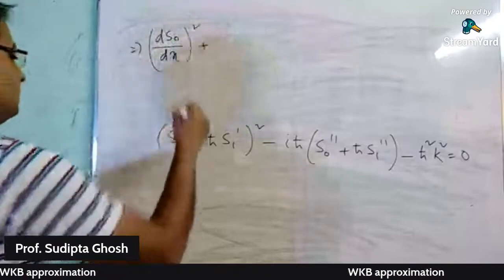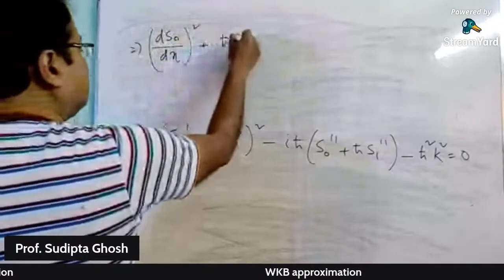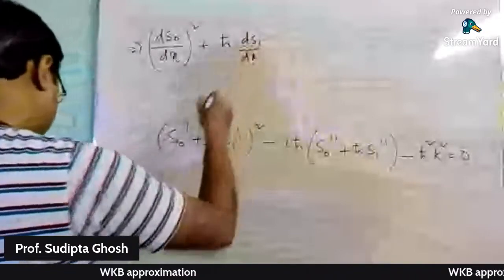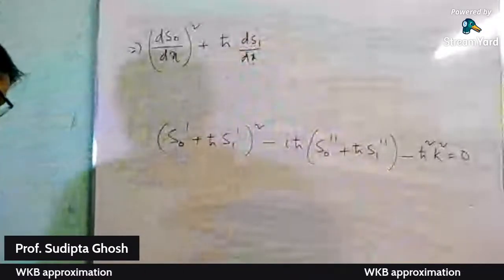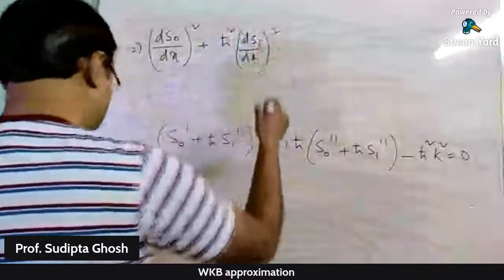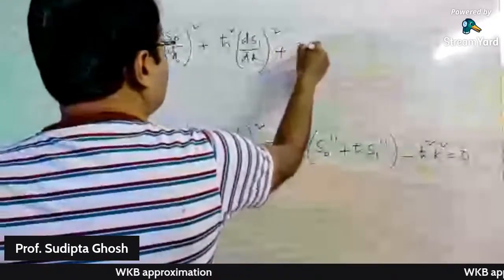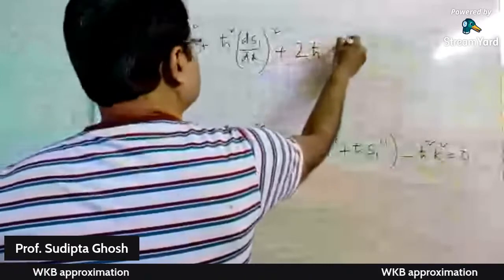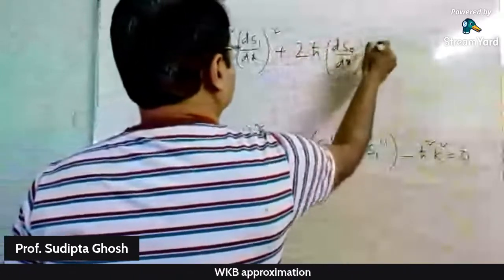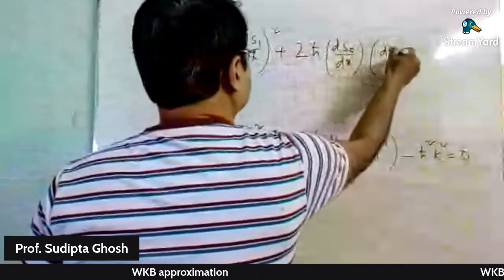then plus ħ² (ds1/dx)², plus 2ħ (ds0/dx)(ds1/dx).